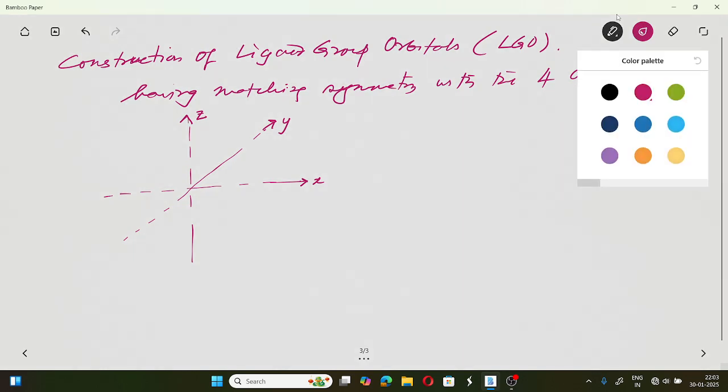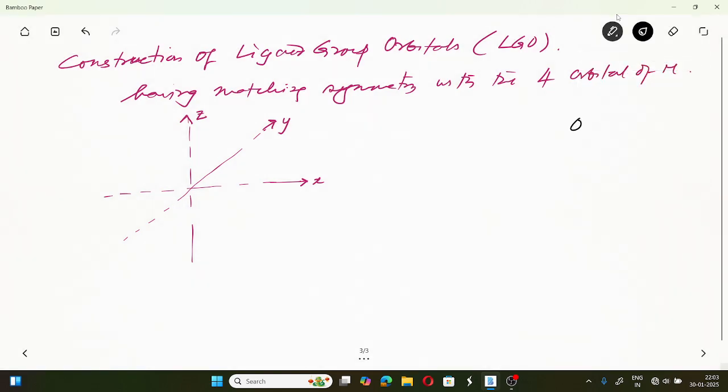Say if water is the ligand, let us consider a complex Fe(H2O)6 3+, for example. When you consider water to be the ligand, how is this water molecule donating electron density? It is donating electron density through the lone pair.